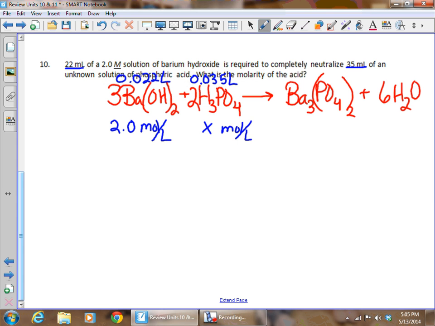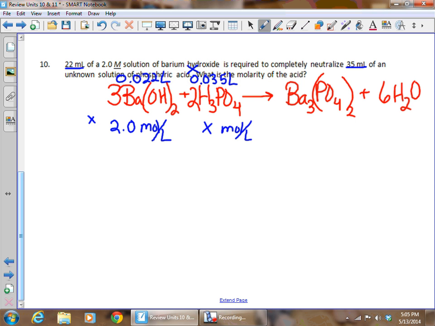Now, as far as the value that we're going to start with, we're always going to start with the simplest known value. We cannot start with an unknown value, a value that pertains to the unknown. So we can't start with 0.035 liters, and we cannot start with a complex unit, so we're not going to start with the 2.0 moles per liter.